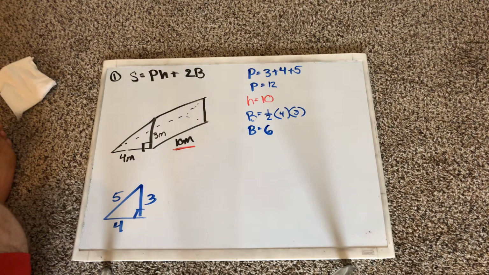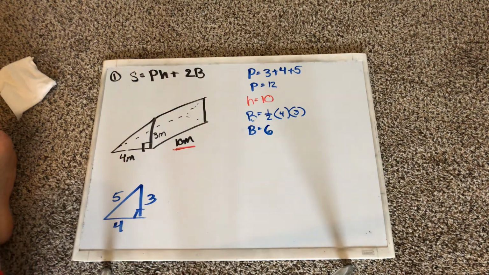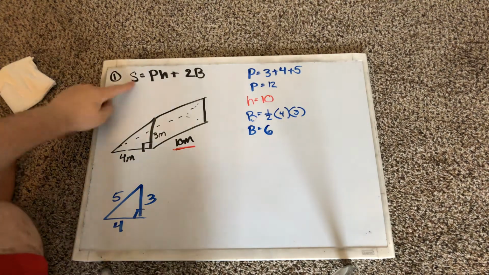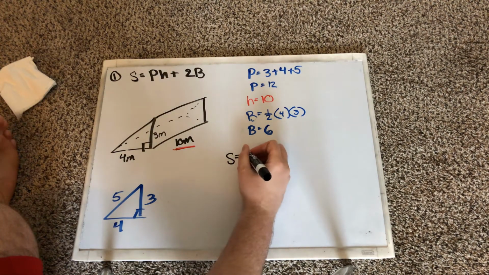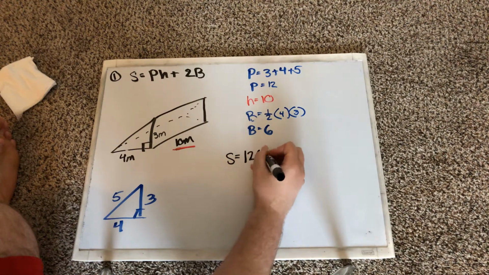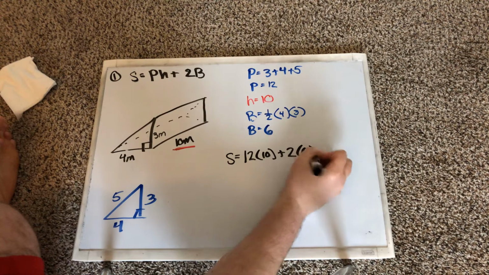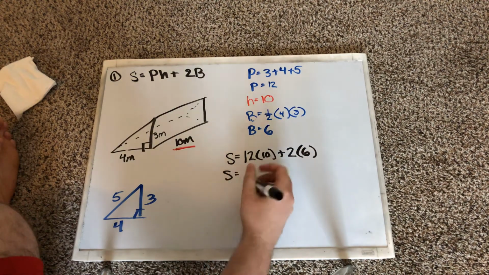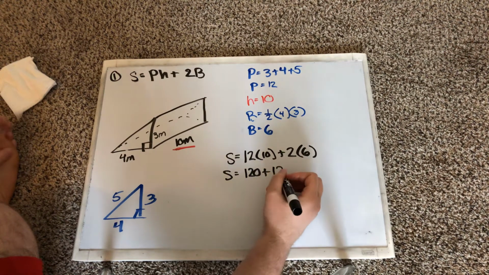Now I have all this information. I've got the perimeter, the height, and the base area. I can plug this into my surface area formula. The surface area is the perimeter, which is 12, times the height, which is 10, plus 2 times the base, which is 6. 12 times 10 is 120, plus 2 times 6 is 12.